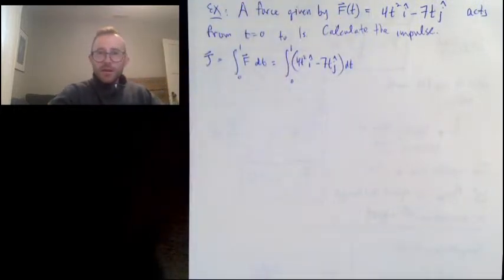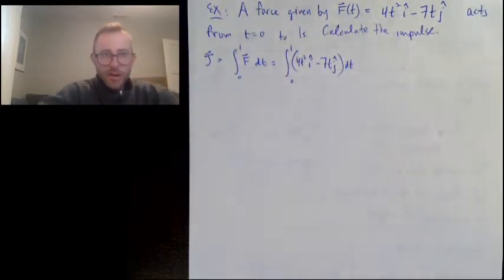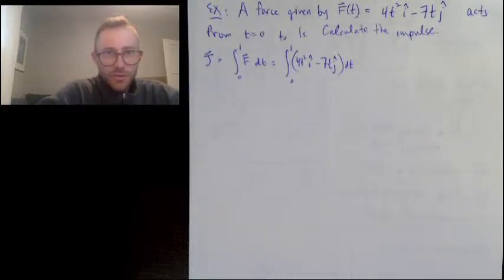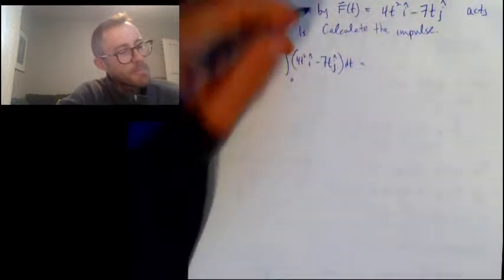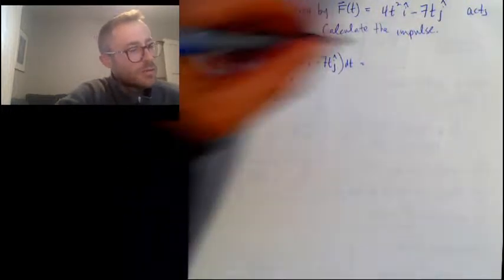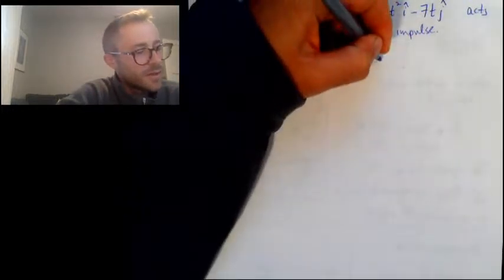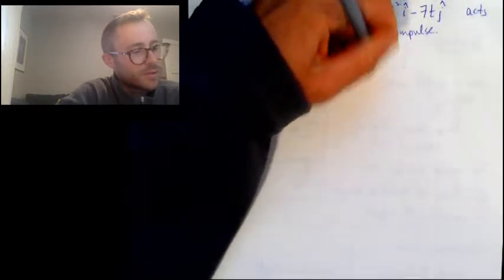When you are integrating a vector, you just treat i and j like constants, because they are constants. They always point in the same direction. So this basically becomes two integrals.